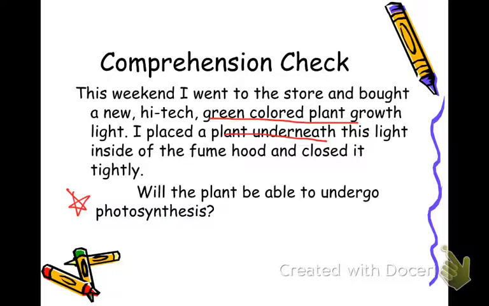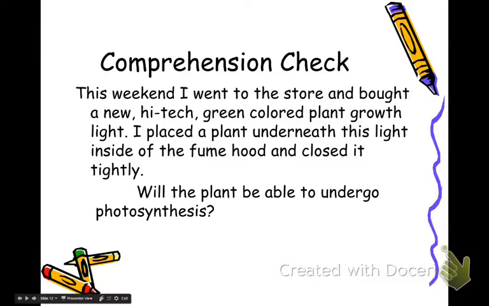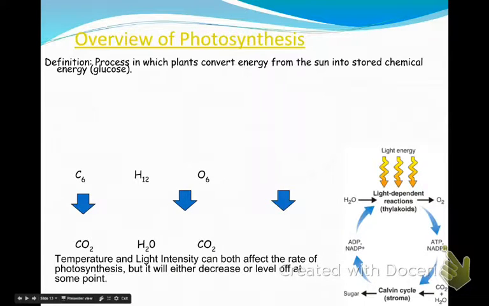Would the plant be able to do photosynthesis? I want you to think back to the graph we had a couple of slides ago, which showed the reflective parts of the spectrum from chlorophyll A and B. And think about that before you answer the question. Think to yourself.